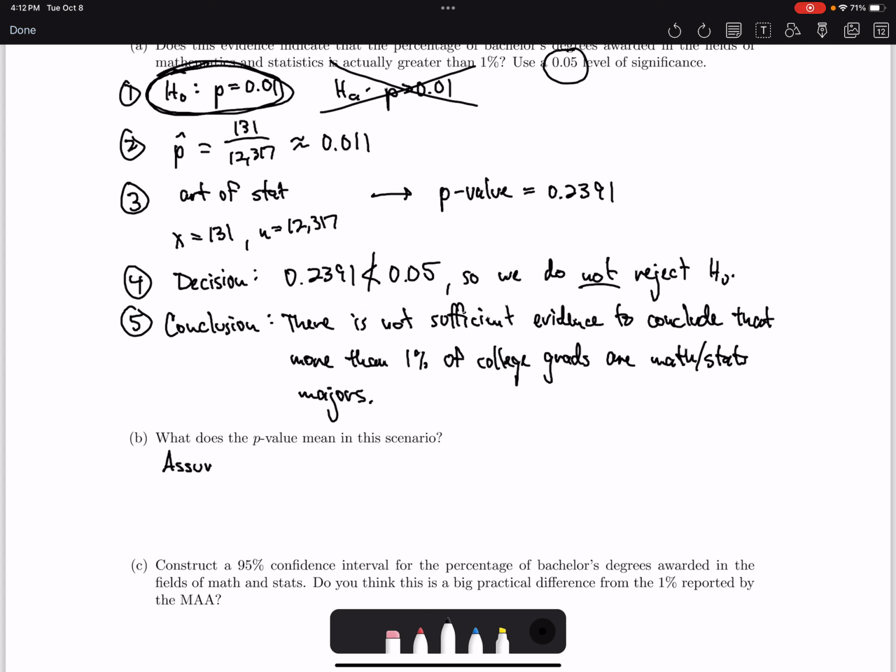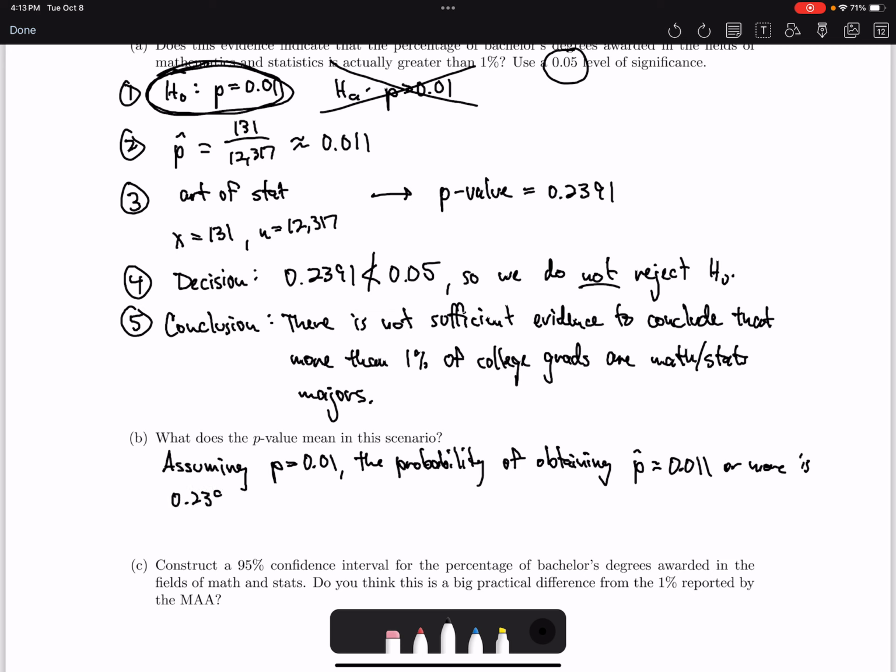Assuming that p equals 0.01, the probability of obtaining a sample proportion of 0.011 or more is 0.2391.